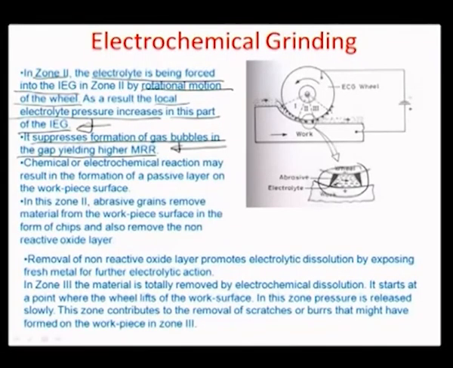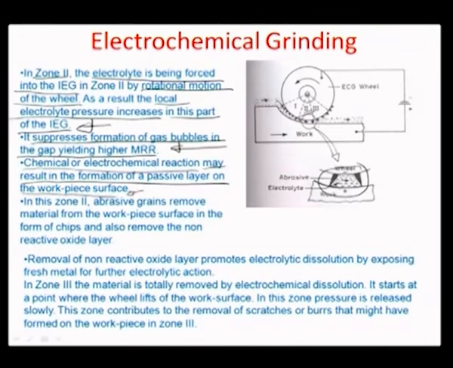So whatever chemical or electrochemical reactions, which is the principal removal mechanism in zone 2, take place between the work and the tool, it may result in the formation of a passive layer, particularly on the workpiece surface.